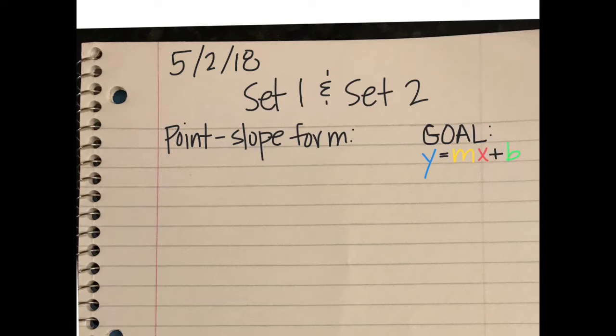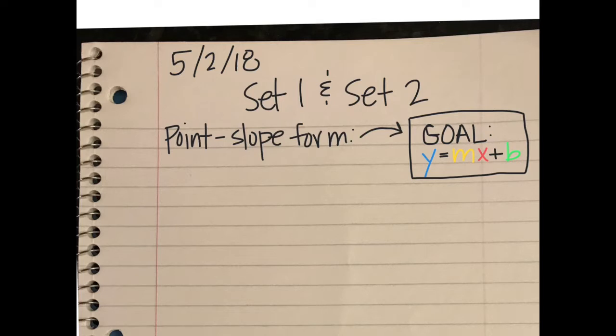You'll have to excuse my red, it's going to have to be the pink for now. But our goal was always to get y equals mx plus b, that format. And one of the pathways to do that is to start with point slope form, to start with the formula I'm going to give you, and then turn that into an equation that looks like this.